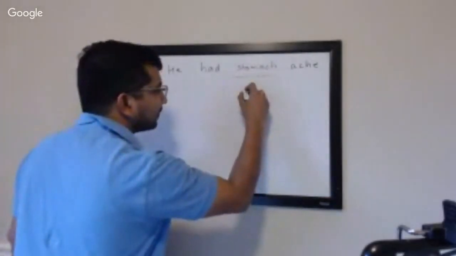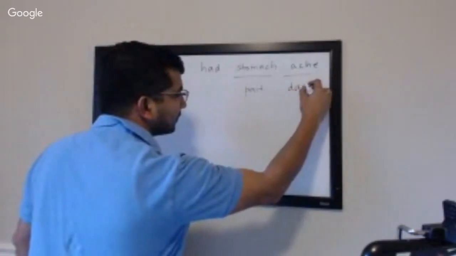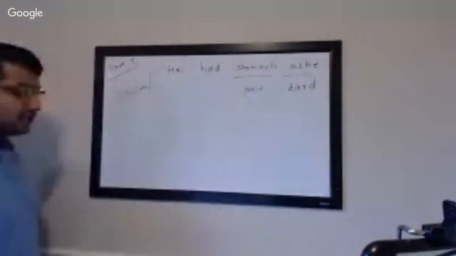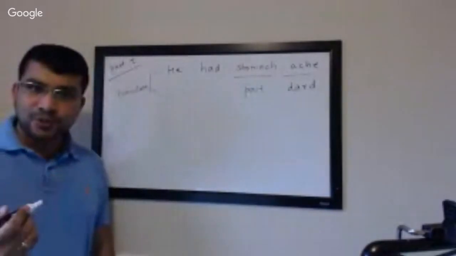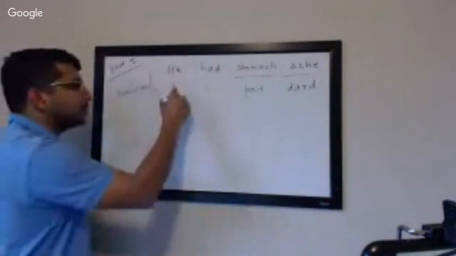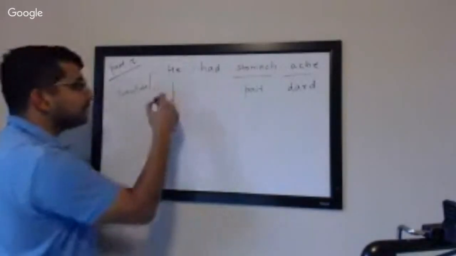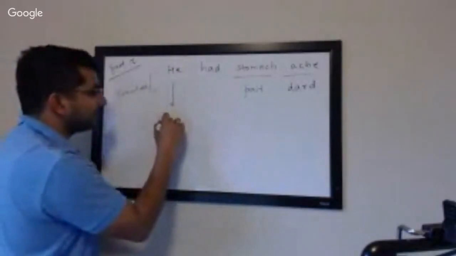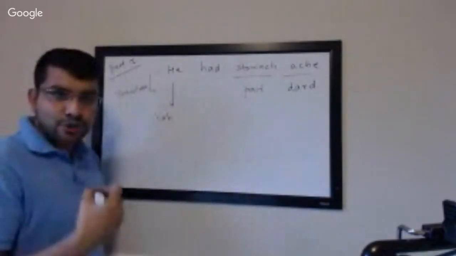Stomach is pet, and ache is dard. Okay, and again it's happening to him, right? To him. So there is a to also, right? If you remember when we learned the post position, we learned that he is wah. Basically you're trying to say that pain happened to him.